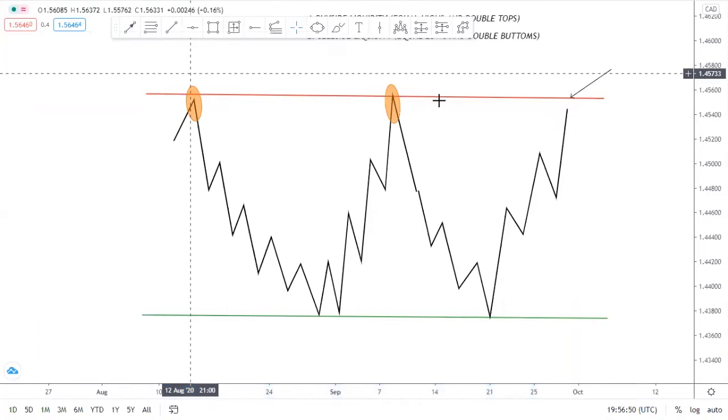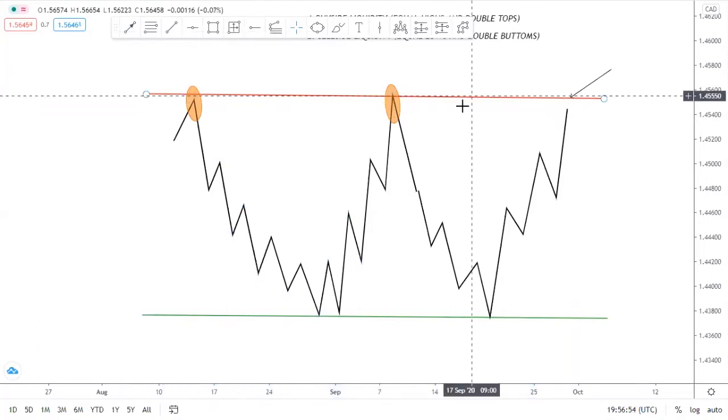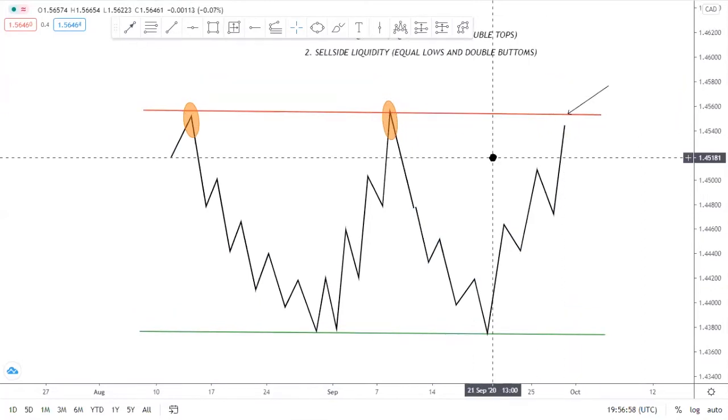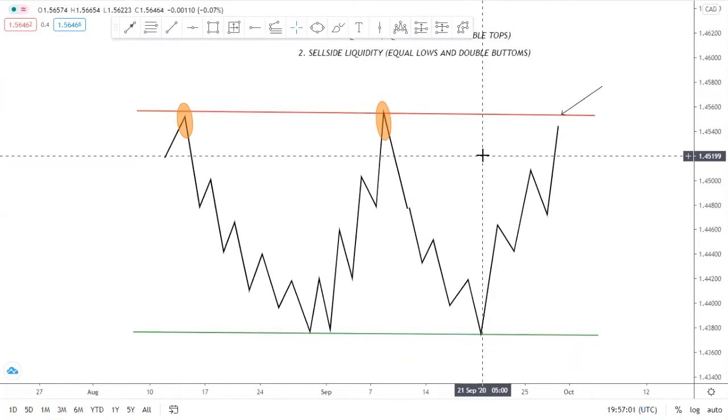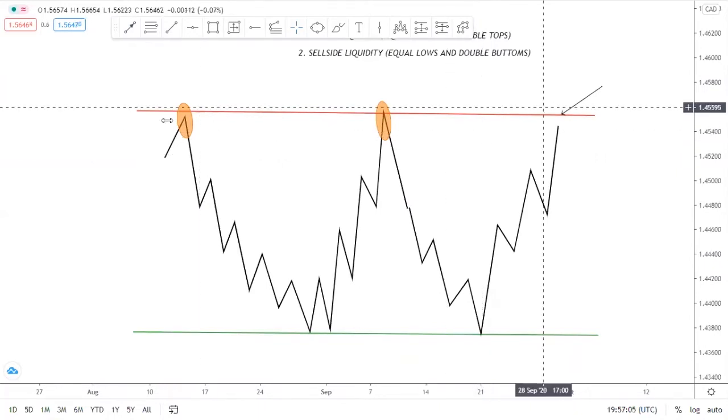This is a top, this is another top. So we have a double top formation. So the conventional knowledge is that you should sell over here. Now, this is why it's a trap. The market makers know that retail traders will be selling over here.